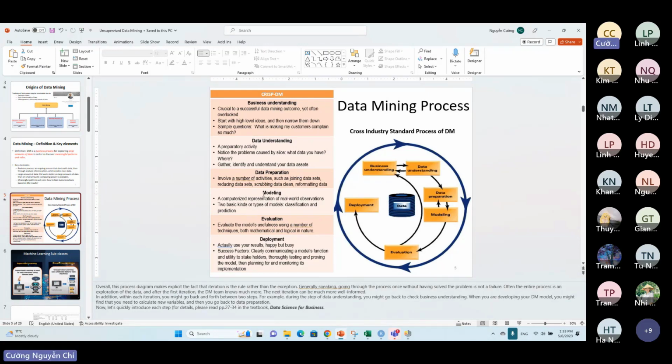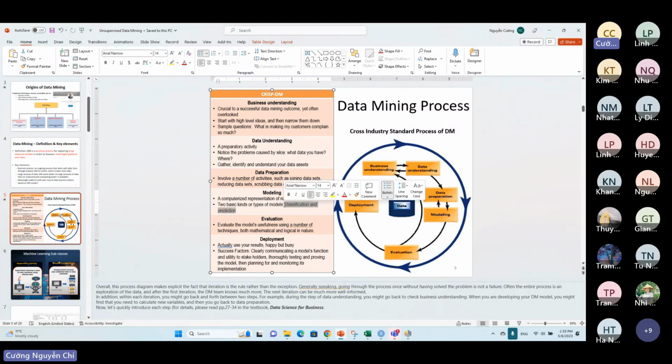Modeling. This is the main part of data mining. You have to find the model, for example classification and prediction, which we learn in later chapters after chapter number 10. Sometimes you do clustering or something else you learn in this class. Anyway, that is the modeling part.